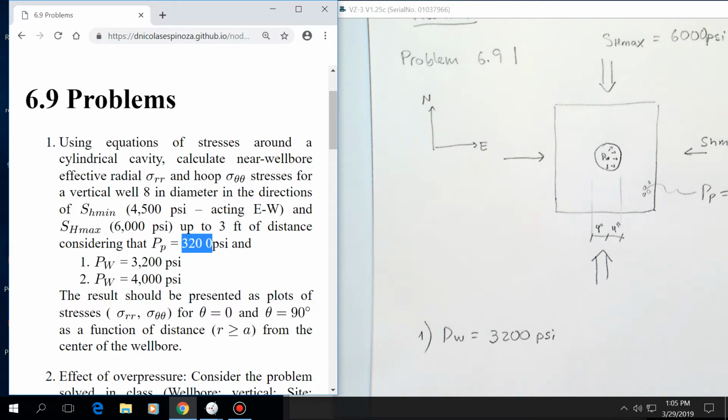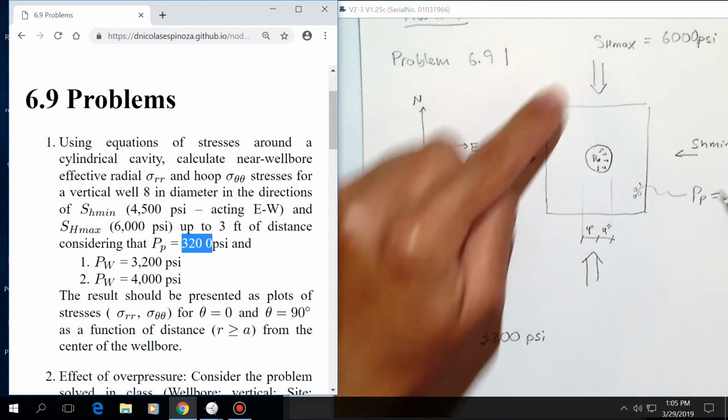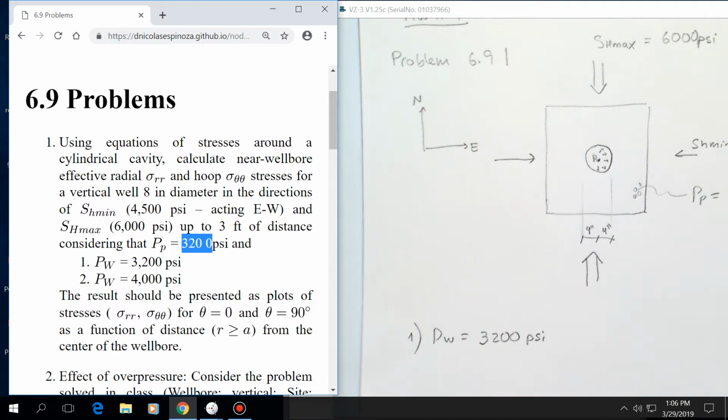I forgot to tell you how we calculate the pressure in the wellbore and what variable controls it. Basically, there are some variables that we are not going to be able to control, like the far-field stresses or the pore pressure. That's something that's already there. That's something that you cannot control when you are designing a wellbore. Things that you can control are the direction of the wellbore, and also the pressure inside the wellbore. How do you control the pressure inside the wellbore?